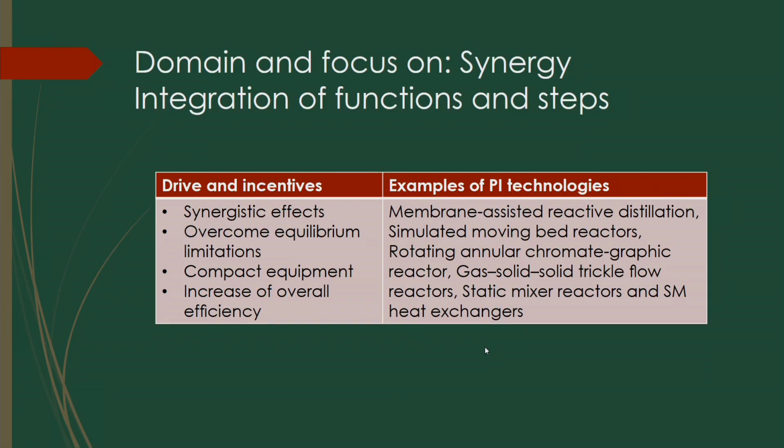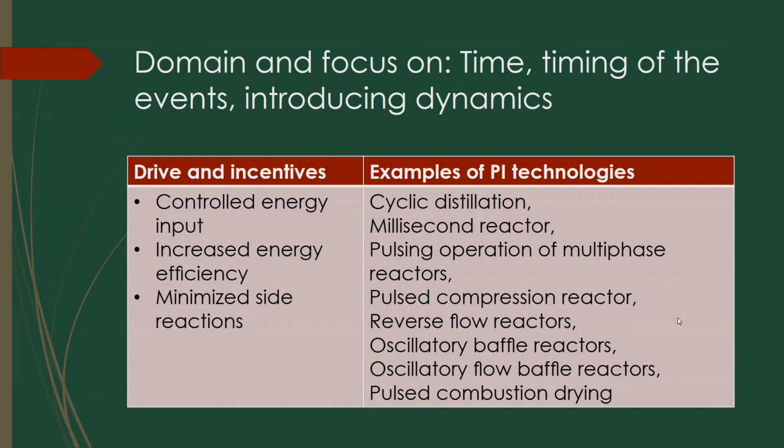Even some other processes, like gas solid trickle flow reactors in downflow systems, are mostly used in the petroleum industry, where they use trickle bed reactors for catalytic cracking and to obtain several other petroleum products. Controlled energy input is also an important intensification strategy for chemical engineering processes, like cyclic distillation and millisecond reactors.